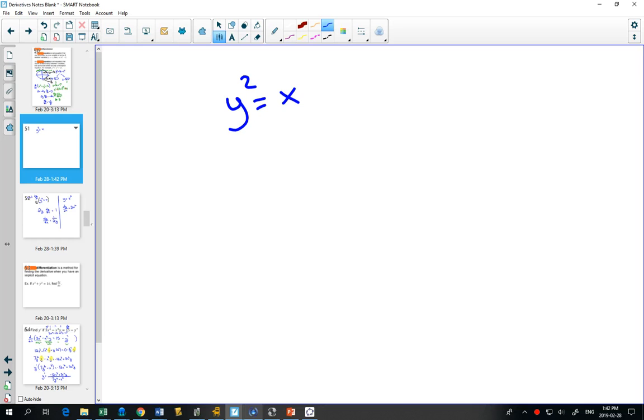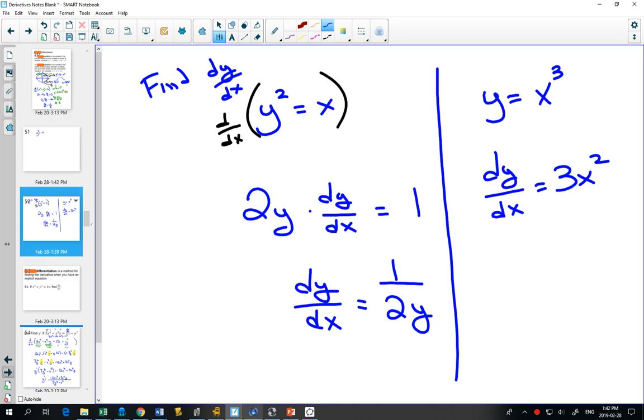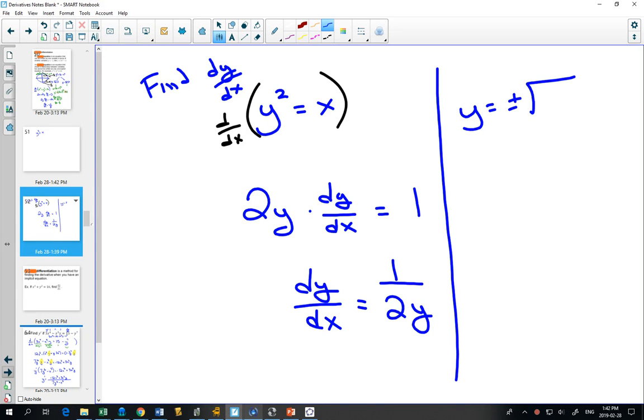I should go back to that. Let's go back. There we go. Let's go back to this and instead actually solve for y. This will work better. If I square root both sides, I would get plus or minus x, right? Yes, this would work better.